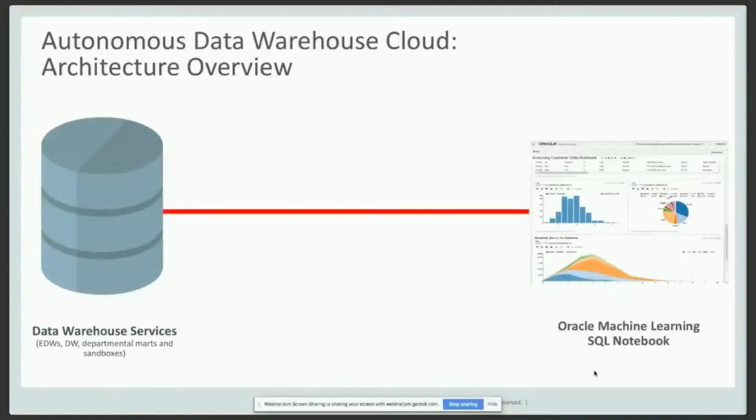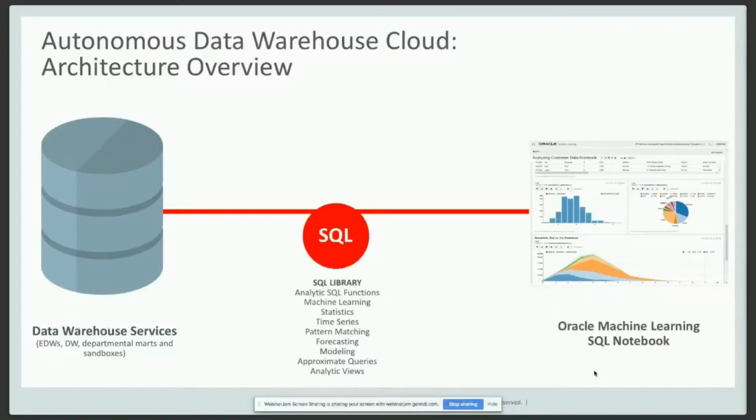As I said, you have this Autonomous Data Warehouse on the left. You've pushed your data into it, and then on the right here you can see you've got a machine learning SQL notebook tool. What you get access to is the huge SQL library of functions: machine learning, statistics, time series analysis, pattern matching, forecasting, modeling, approximate queries, analytic views.